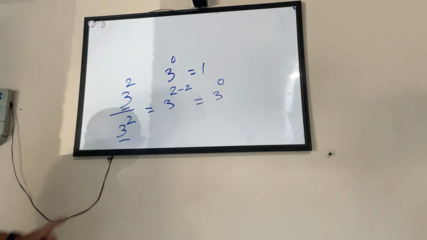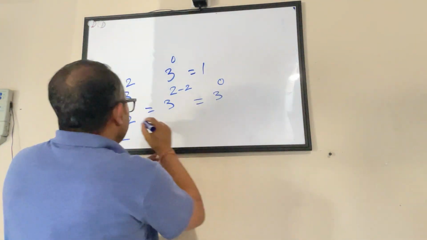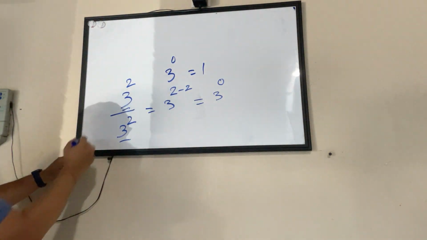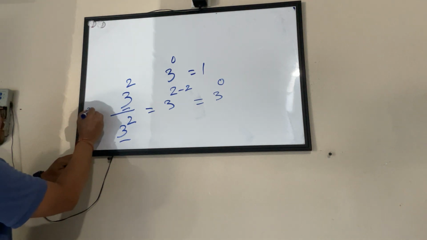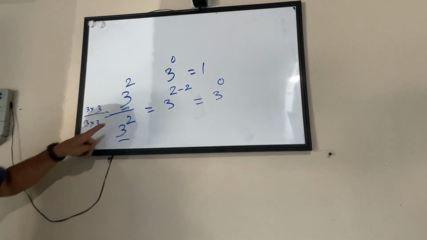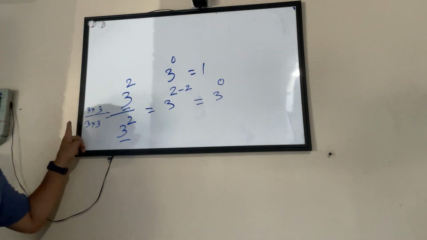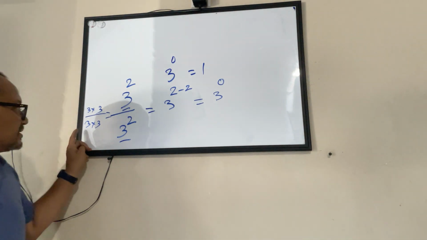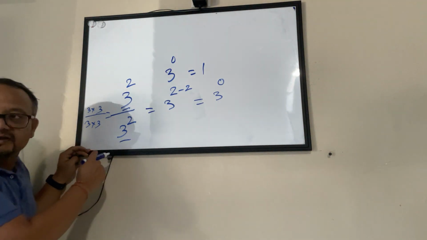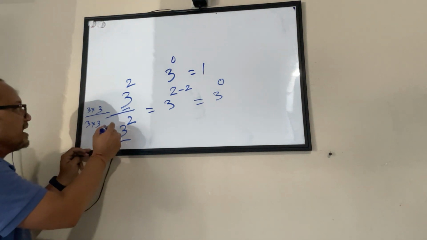Yeah? Now, we also know that 3 to the power 2 by 3 to the power 2, both are same. Let me make it simple. 3 to the power 2 by 3 to the power 2. That's the simplest form. Yeah? Are you with me so far? I'm writing this.